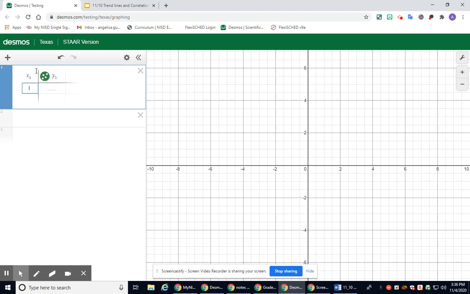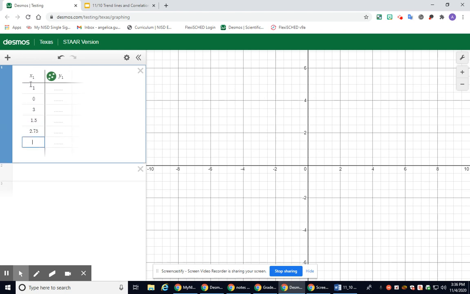I'm going to add a table and it automatically has X and Y. From my table, I'm going to enter my X values: 1, 0, 3, 1.5, 2.75, 1, 0.5, and 2. Then I'm going to enter my Y values: 78, 75, 90, 89, 97, 85, 81, and 80.